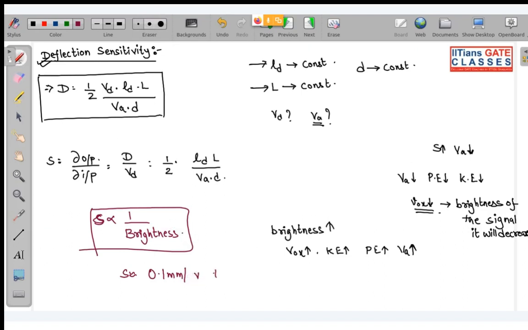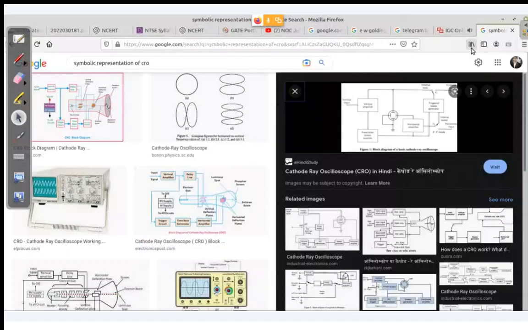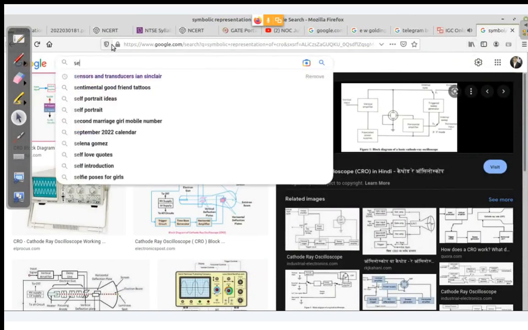To 1 mm per millivolt. Please check this value. I am not sure. Please check. Sensitivity, I don't remember. Let us check only. Meter per volt.